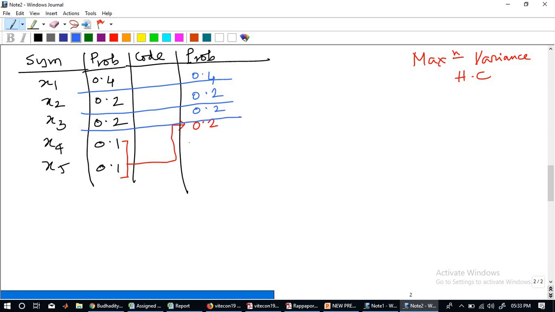So the new element is placed at the bottom. In the case of minimum variance, we had put it on top. That's the only difference. If this is the process to be followed, fill up the whole table, find the code words and the respective calculations. You do it, I'll also do it here.